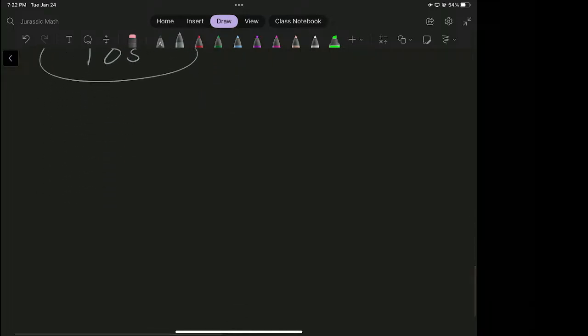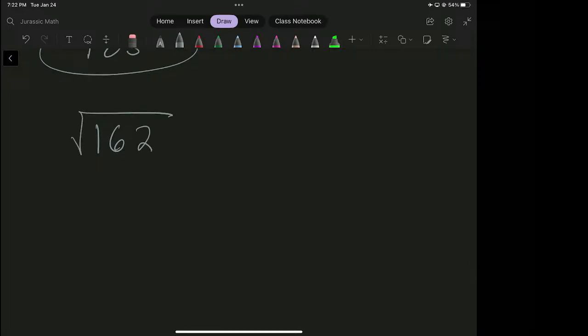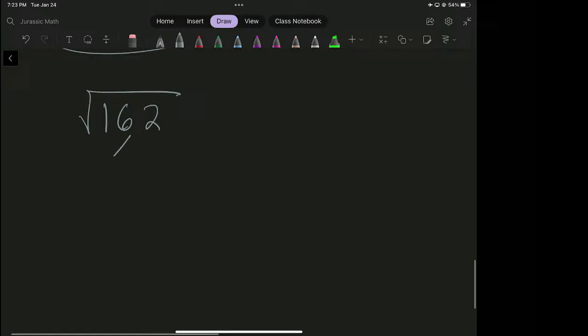Here is a nice, beautiful simplify the radical. We have what is the square root of 162? And that's definitely not a perfect square, so you have to factor tree it. Well, 162, it ends in a 2. It's divisible by 2, so that's going to be 81. 2 times 81. 81 can be broken up into 9 times 9.